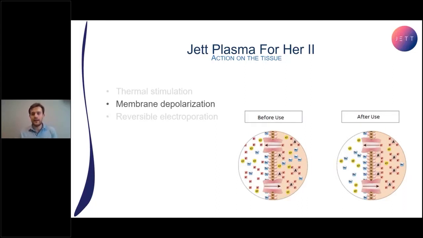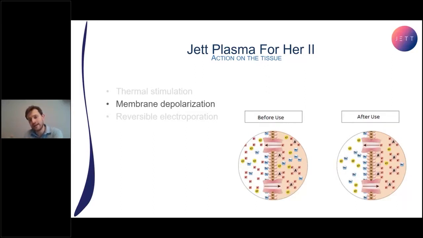In this area, membranes of cells are depolarized, and we persuade the metabolism in the cell to come back to repolarization, and this repolarization stimulates the metabolism of cells to do some new things, and this stimulates the metabolism of all cells.